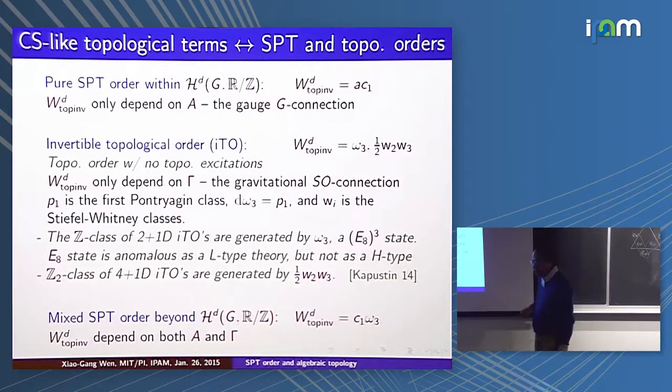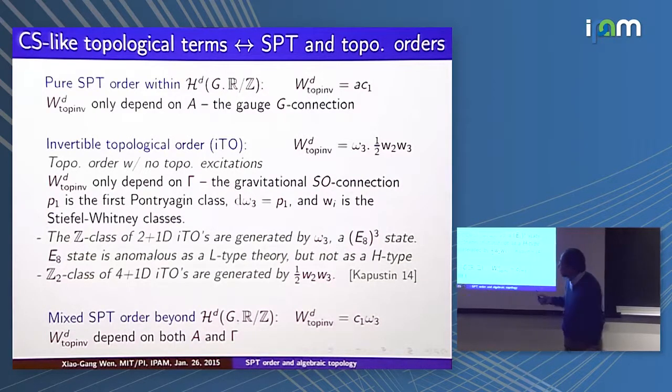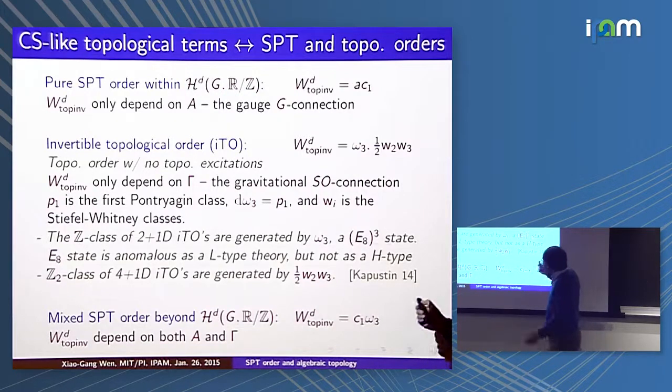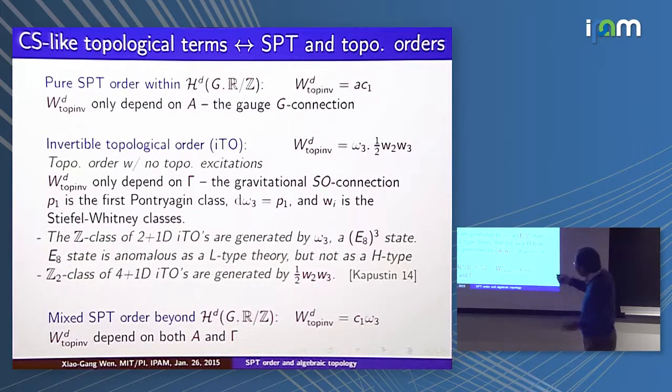For example, this statement about 2+1 dimensions, this E8 cube, there is an invariant which divides the Chern-Simons. In fact, you can divide it by 6. This is the Atiyah-Patodi-Singer eta invariant. So I think they're not all given by Chern-Simons. Yeah, there may be. I know you have a paper on this.